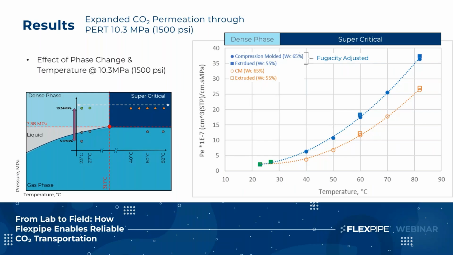The green squares show the permeation coefficients when CO₂ is at its dense phase condition. The rectangle box shown here is the typical range of temperature in which the CO₂ transport lines operate. And as we see, the maximum operating temperature most of the time falls below 60 degrees C.